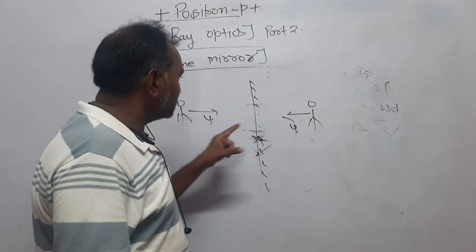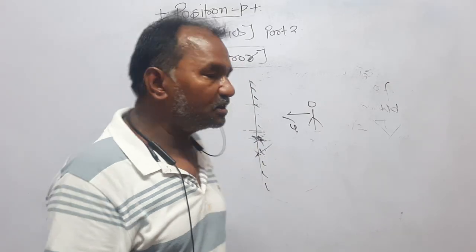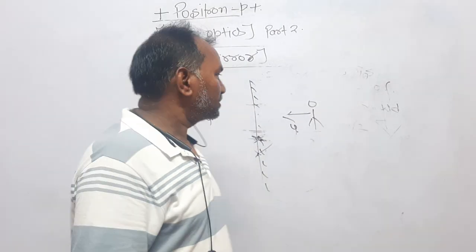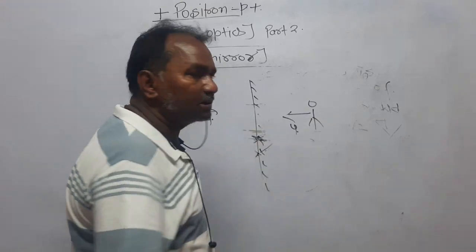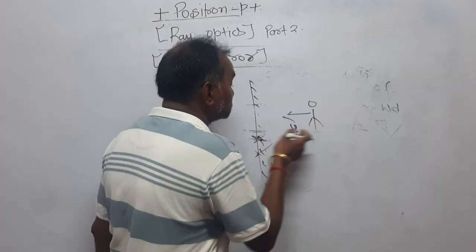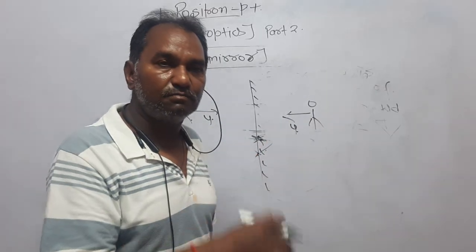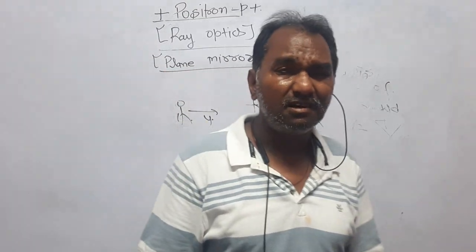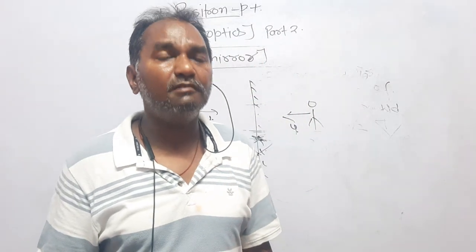If the boy is running in front of a plane mirror with velocity u, towards or away from the mirror, then if he runs towards the mirror, the image will also run with the same velocity towards the mirror. If the boy is moving away, then the image will also move away from the mirror with the same velocity.